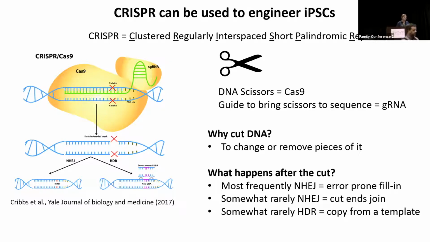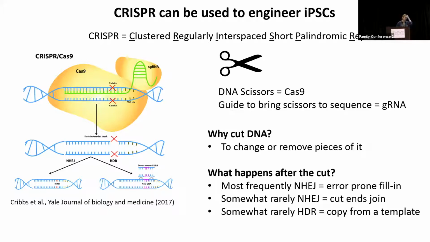Secondly, the second thing that happens, and it's somewhat rare, in our hands, it ends up being about 10% of the cases when we're trying to do this. If we use two CRISPRs, those two cut sites, instead of making that error-prone fill-in, will join together. And these cut ends join and you can delete something that way. Again, it happens in about 10% of the cells that got the CRISPR in our hands.